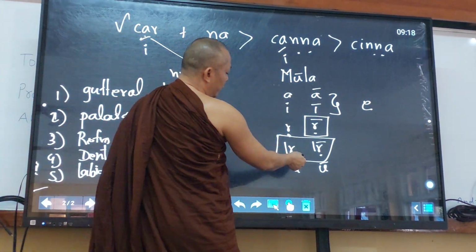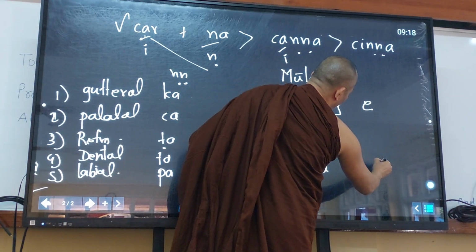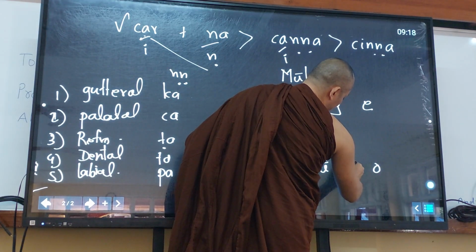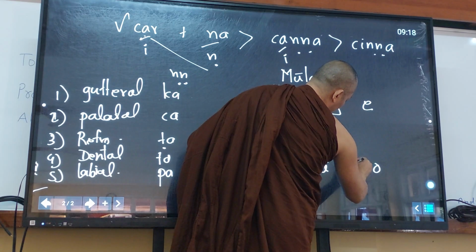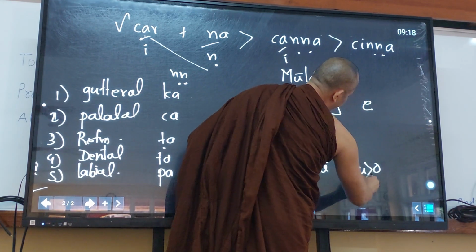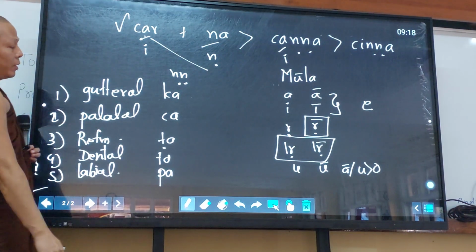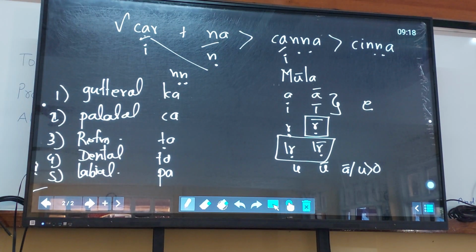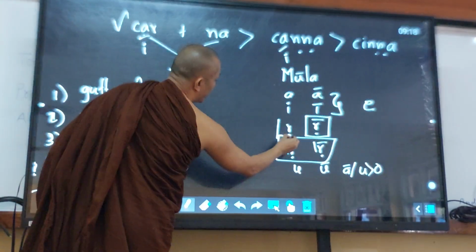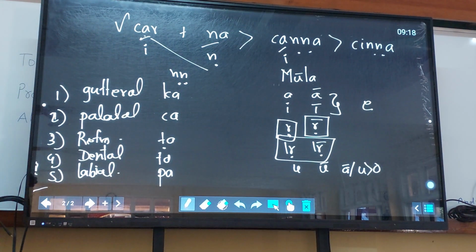And also A and U, we have the O. So actually O is a combination of A and U, a diphthong vowel, so they have two places of articulation. This re is a bit serious when tracing back the origin of Pali words. Currently in Pali we don't have such a retroflex vowel, only a, i, u, e, o, or only 8 vowels.